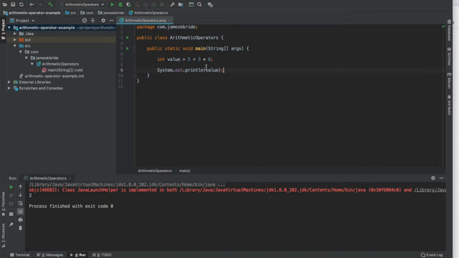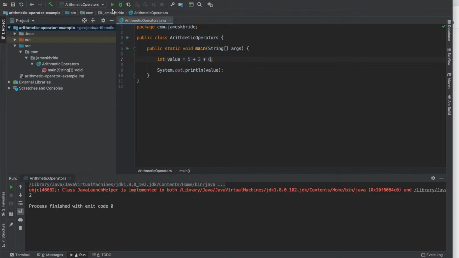So let's run it and see what we get. You might be thinking that 5 plus 3 is 8, times 6 is 48. Let's see what happens when we run this.